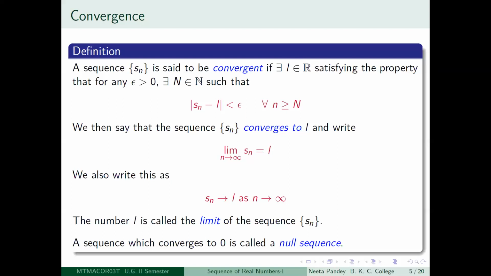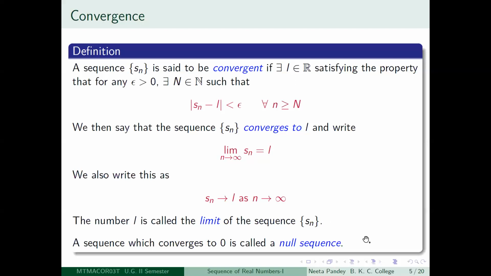This number is unique, and therefore I have used the word 'the' here, the limit of the sequence. So there will be only one if the sequence converges.